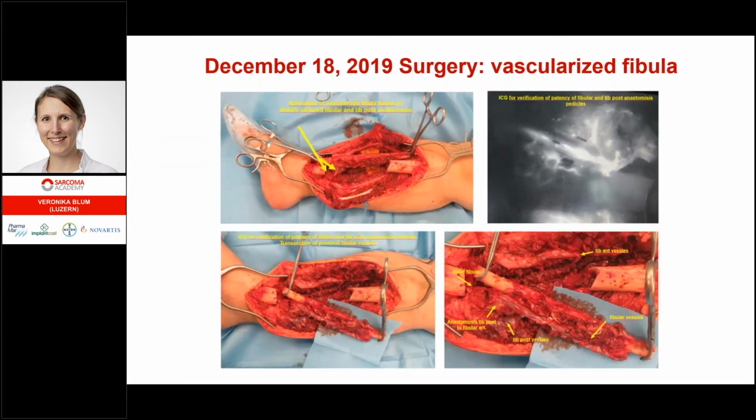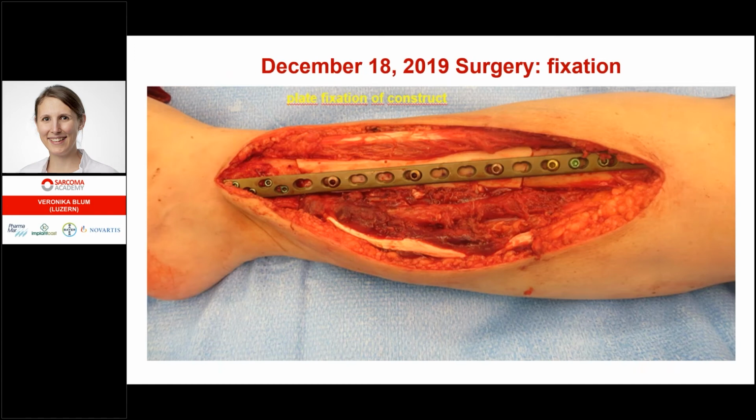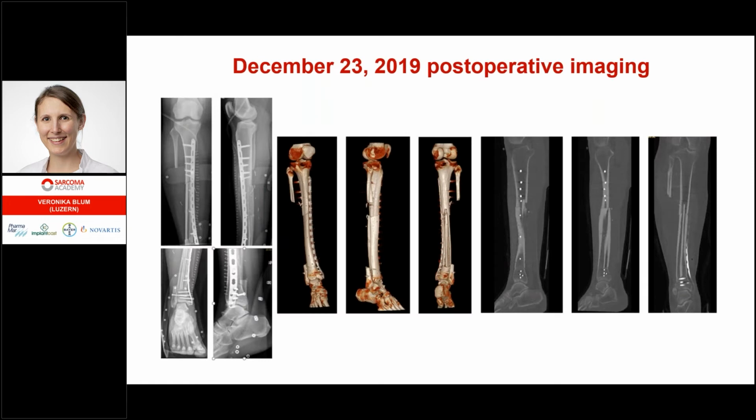And then a vascularized fibula was also taken, the patency of the vessels was proven, and then it was all put together as we have seen before in this hot dog technique, as I learned today, because I'm not a surgeon and I don't have lots of ideas about all the operative techniques. And this is the finished operation with the plate fixation in the patient.